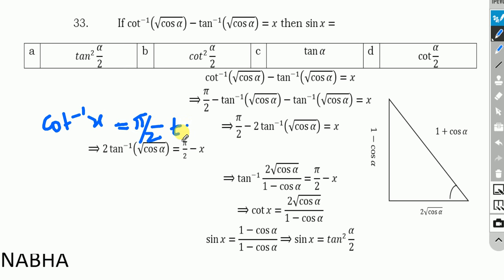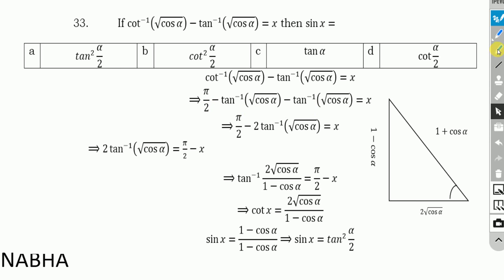Here root of cos alpha is x, so cot inverse x is written as pi by 2 minus tan inverse of root of cos alpha. So now I have pi by 2 minus tan inverse of root of cos alpha minus tan inverse of root of cos alpha is equal to x.